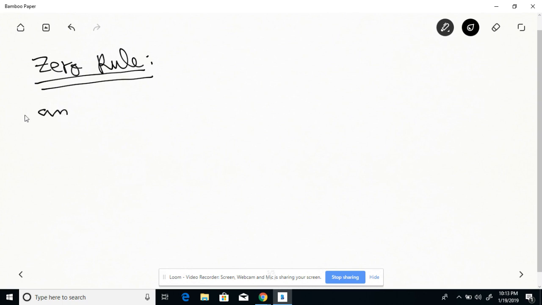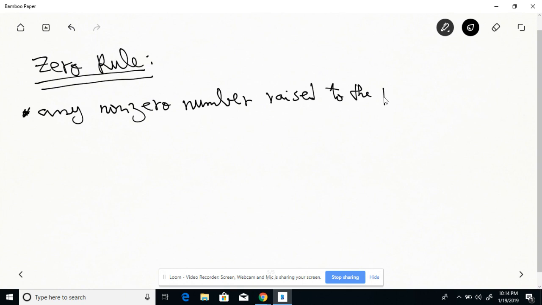Any non-zero number raised to the power of 0 equals 1.